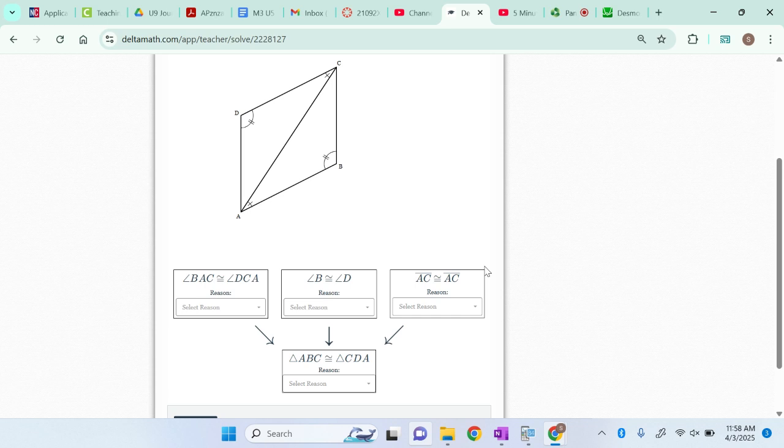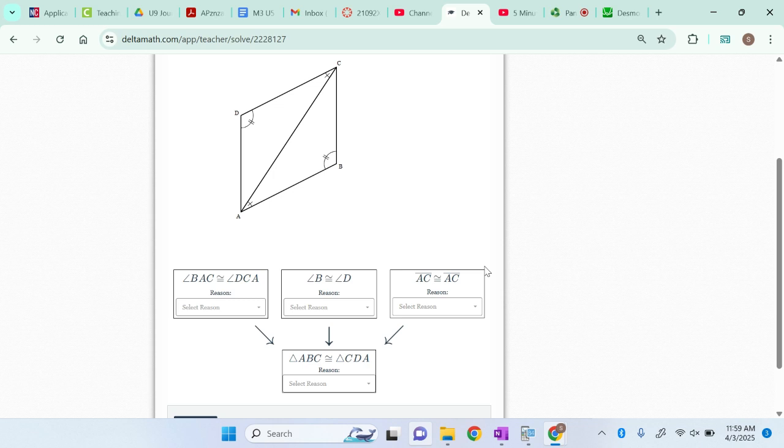Let's look at what they already marked. The first thing they say is angle BAC is congruent to angle DCA. BAC is right here, one of the ones they already marked, and it's congruent to DCA, which they also marked. It's right here. So what do you think the reason for this one is?